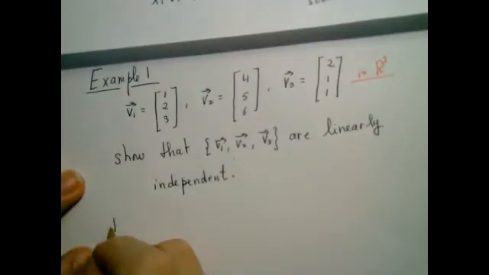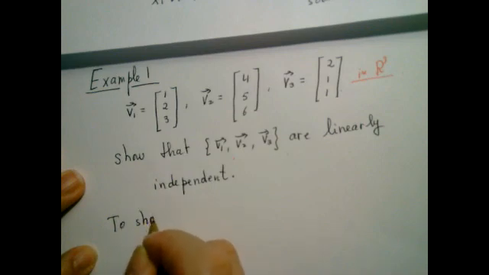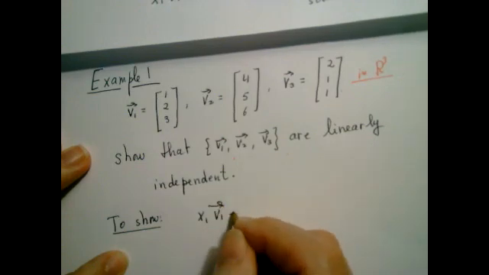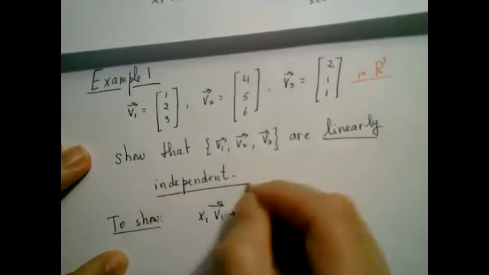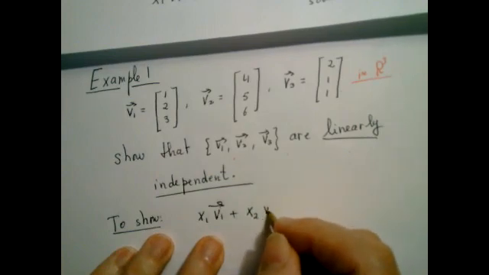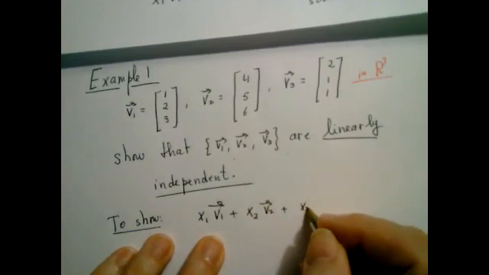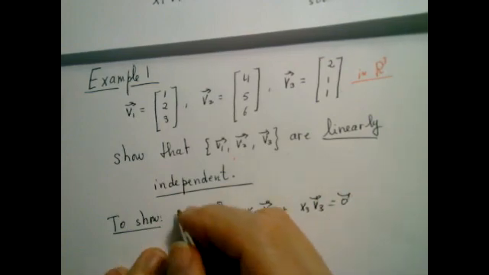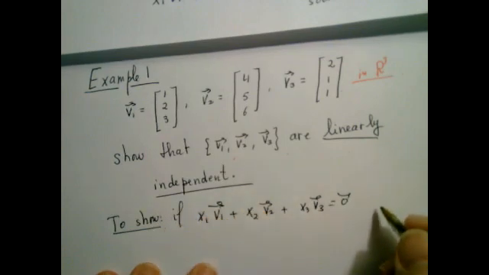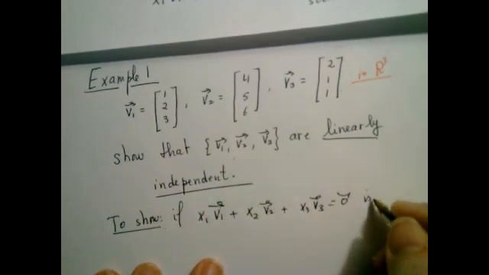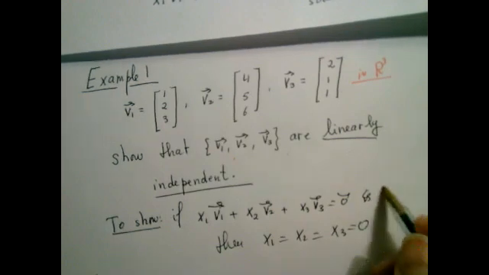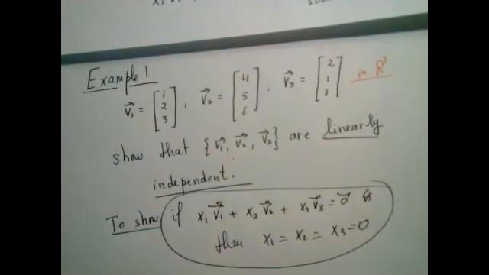It means we have to show that the following equation, x1 v1 plus x2 v2 plus x3 v3 equal to 0, has only the 0 solution. So the only solution to this equation is the 0 solution.